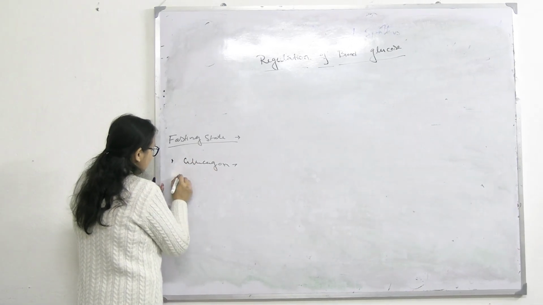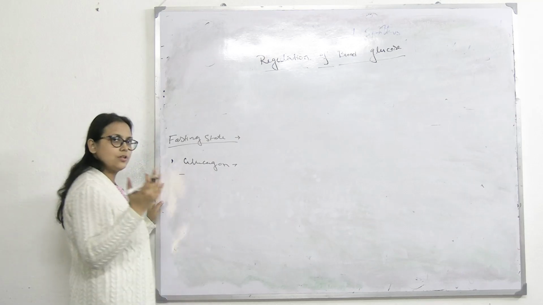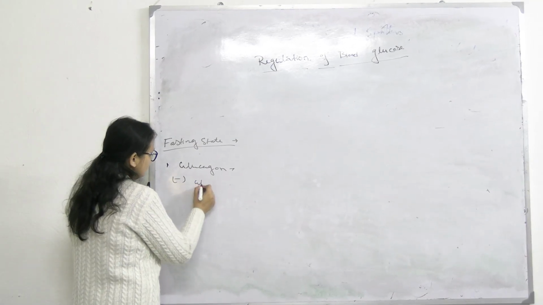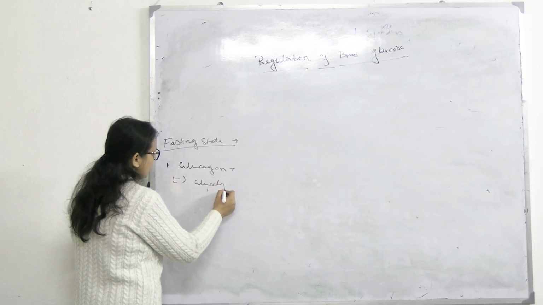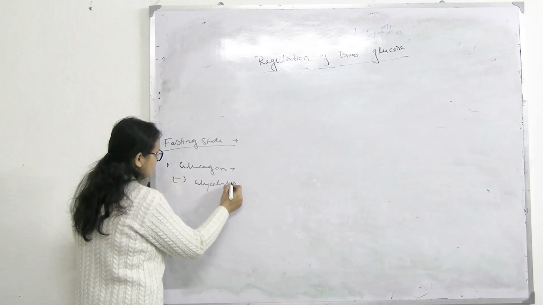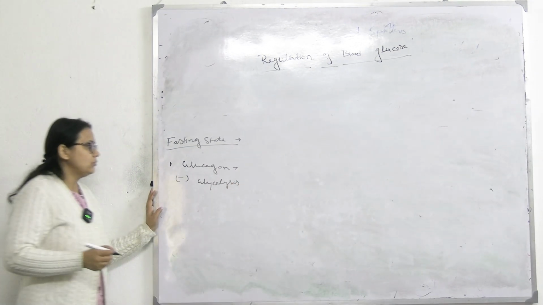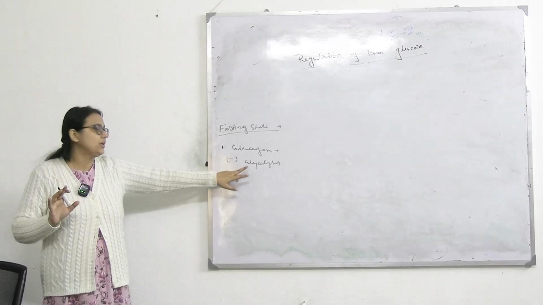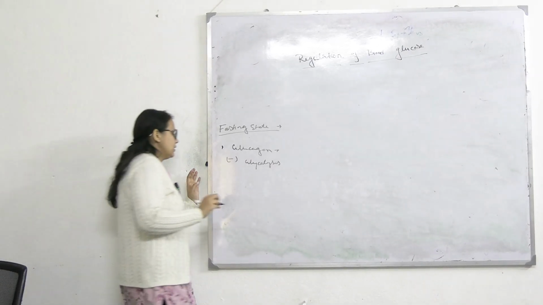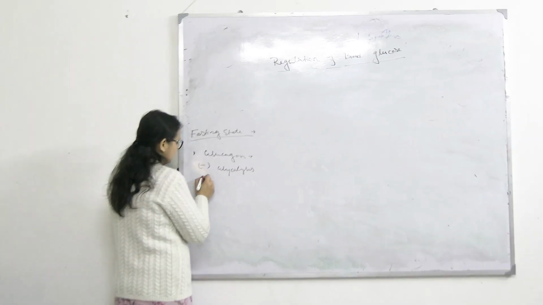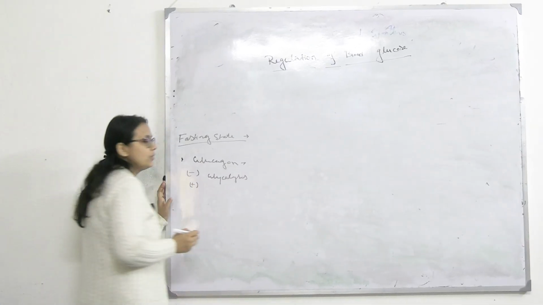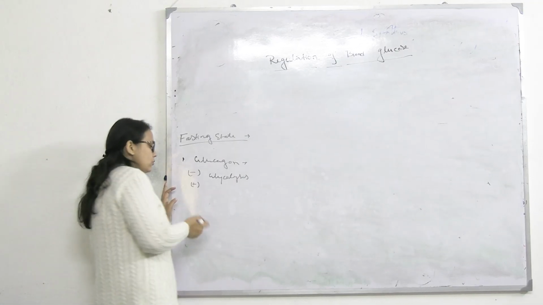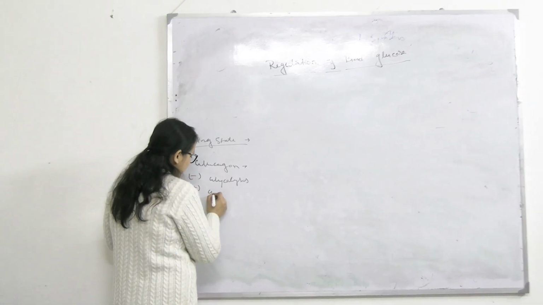So what will glucagon do? In fasting state there will be inhibition or activation of some pathways. First there will be inhibition of glycolysis, because we now need to store glucose, not break it down. Then there will be activation of breakdown of glycogen, that is glycogenolysis, so that glucose can come.